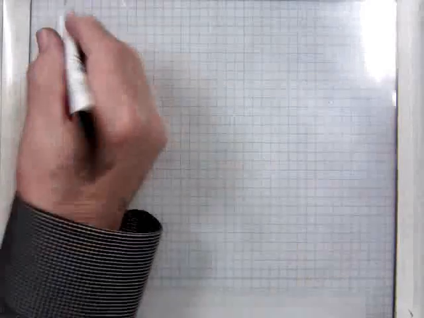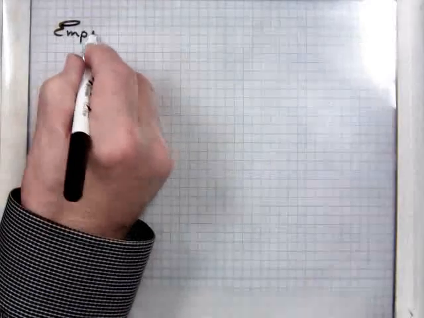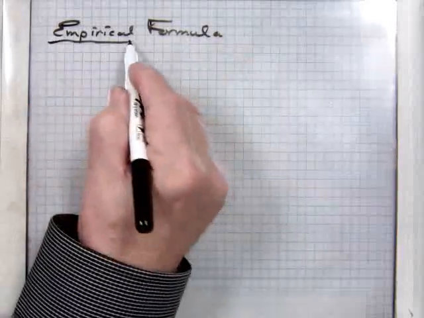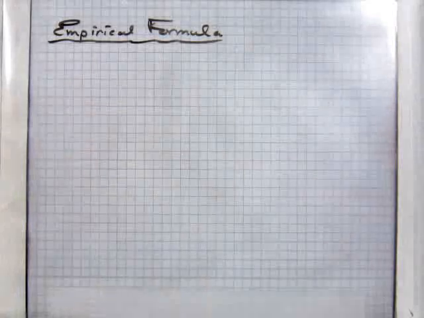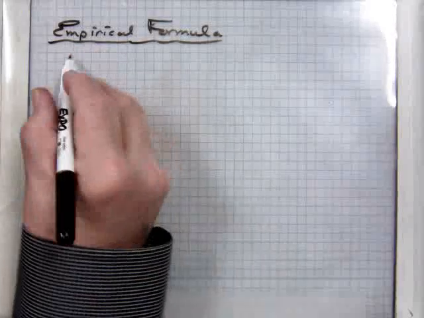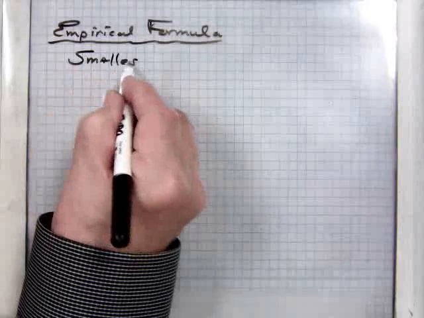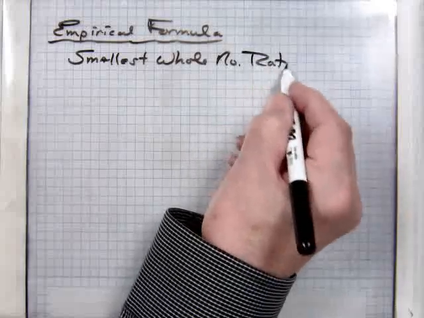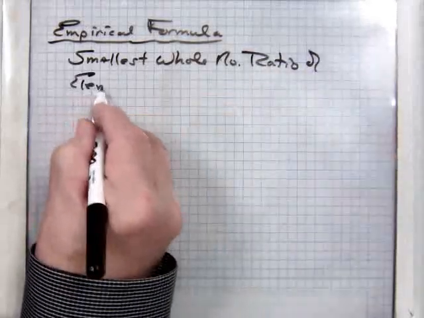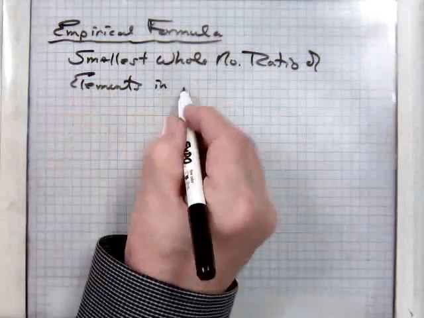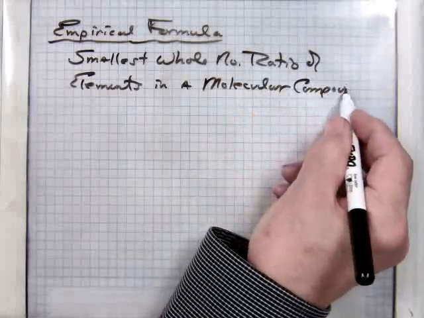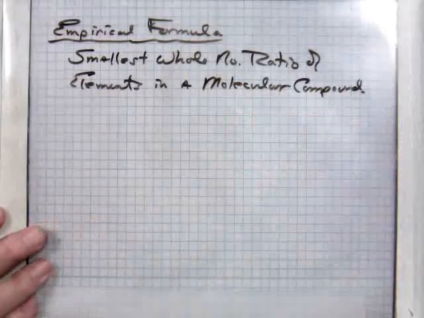Now, reviewing the types of formulas, the empirical formula is simply the smallest whole number ratio of elements within a molecular compound. You've heard that definition before.